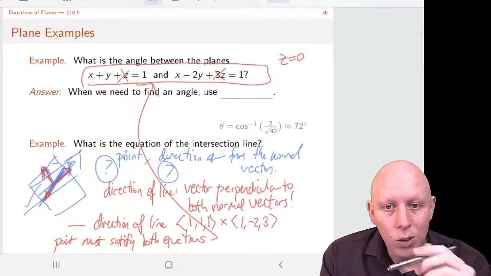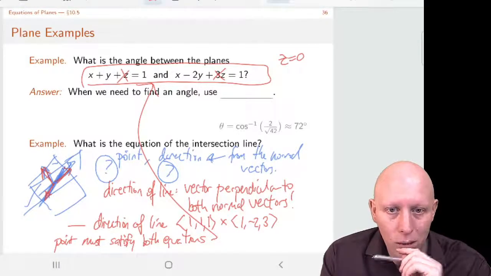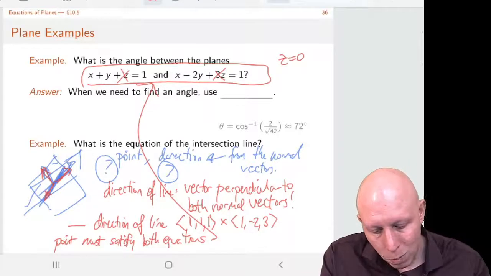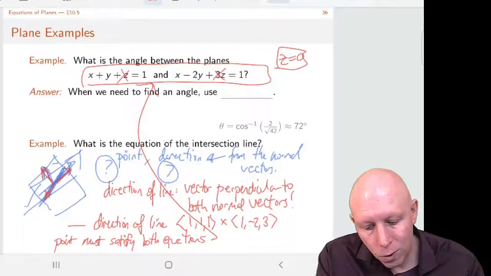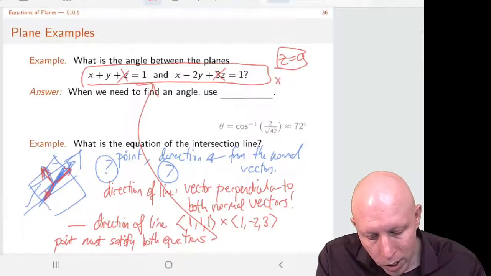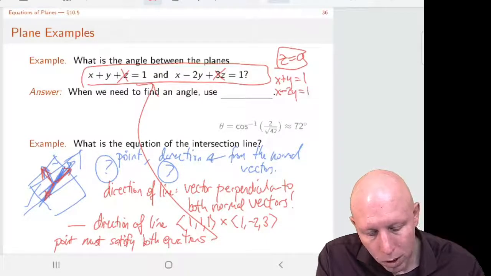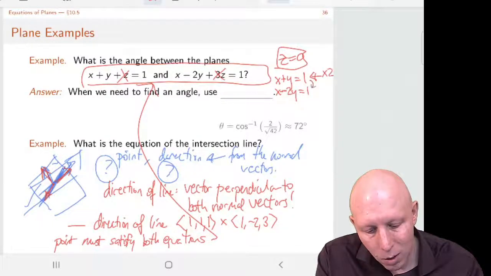But if you do go through the xy plane when z equals 0, we can plug in z equals 0 into this equation and solve for x and y. What do we get? x plus y is equal to 1, and x minus 2y is equal to 1. I'm going to multiply this first equation by 2 and then add it to the next equation.